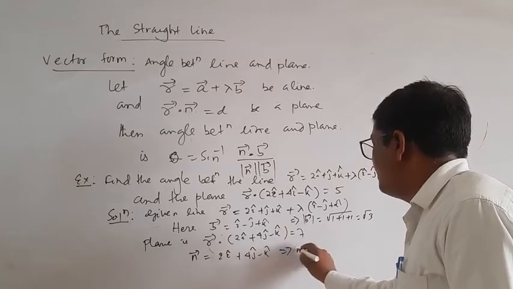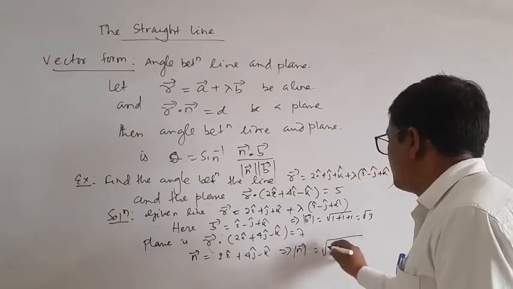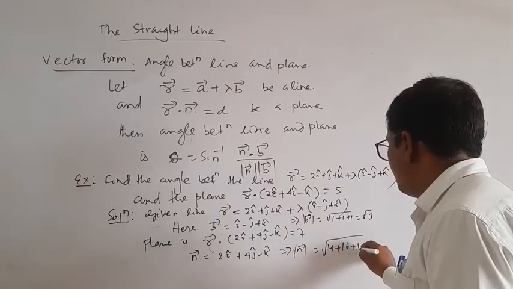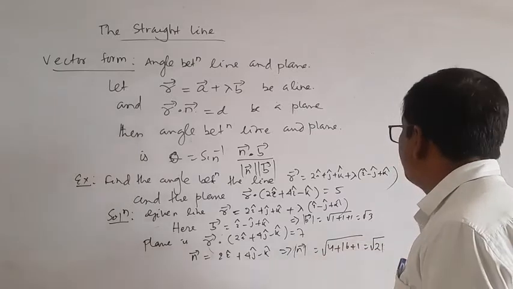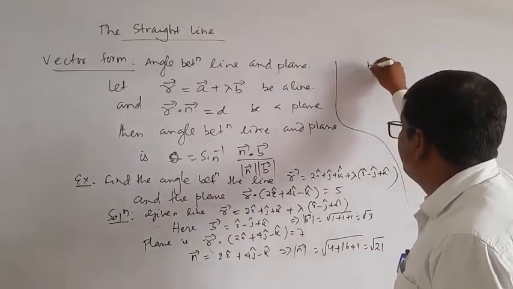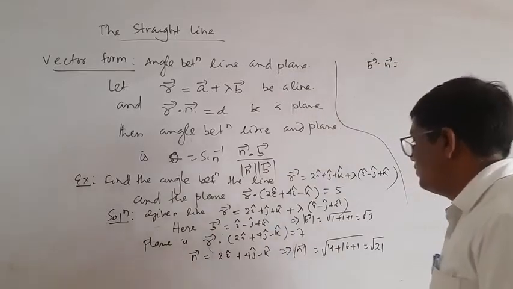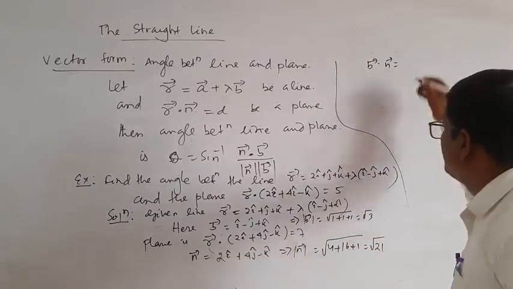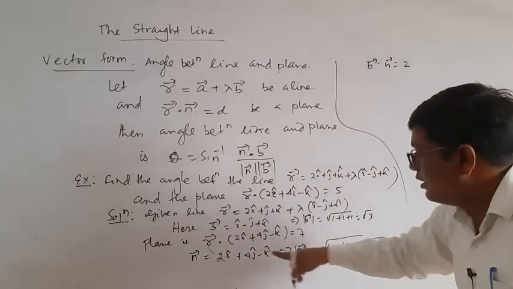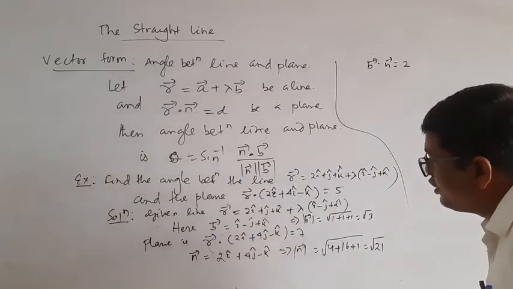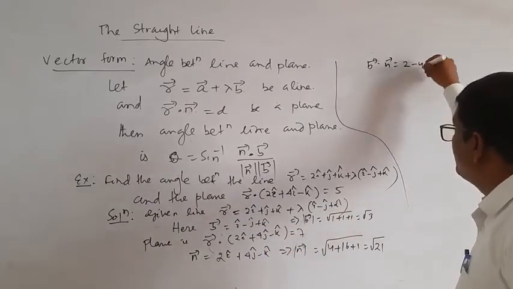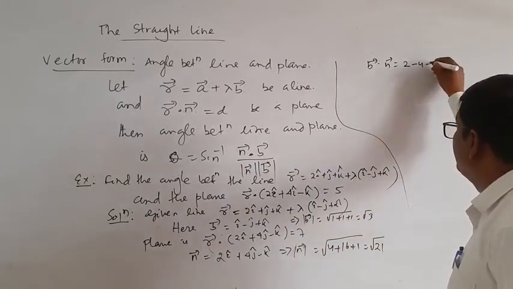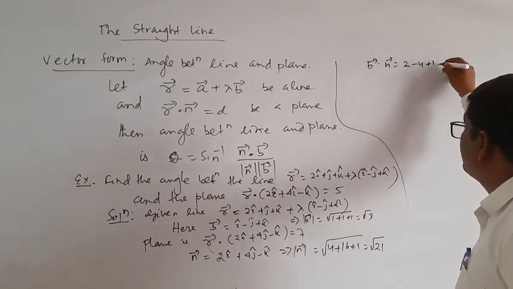And the magnitude of n is root over 2 square plus 4 square plus 1, that is 4 plus 16 plus 1, root 21. So now b dot n is 1 into 2, which is 2, plus minus 1 into 4, minus 4, plus minus 1 into minus 1, that is plus 1. So this is minus 1.